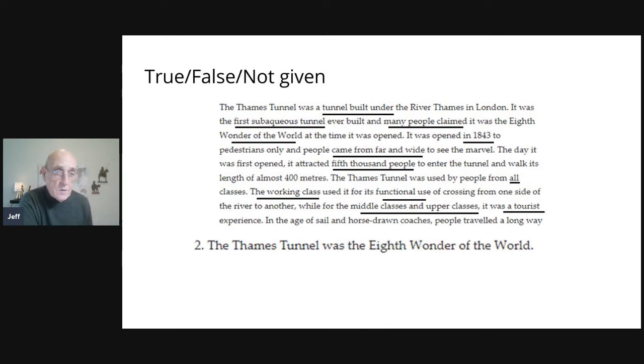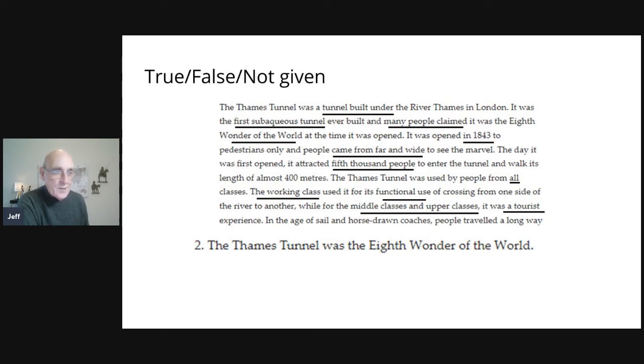Let's look at our second question together. The Thames Tunnel was the eighth wonder of the world. So what do you think of this? Remember, in true, false, and not given, we're looking for facts, okay? Is this a true fact? The Thames Tunnel was the eighth wonder of the world. Is that true or false? Or is the information not in the passage?